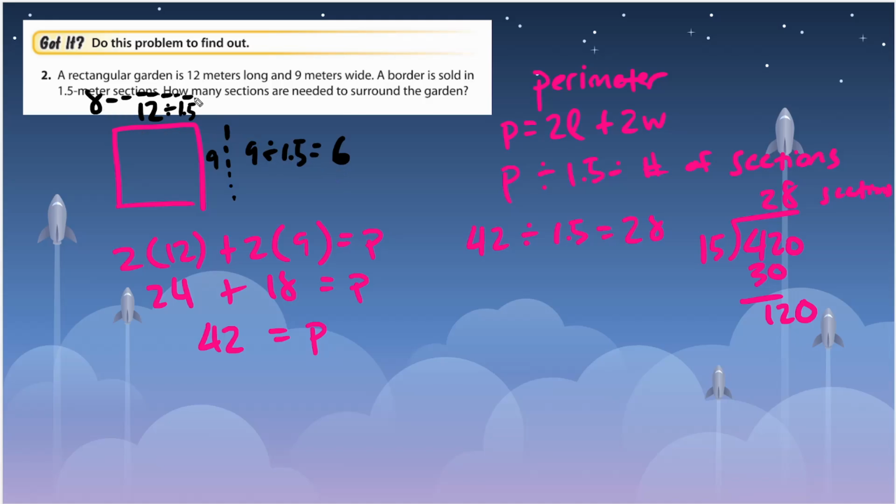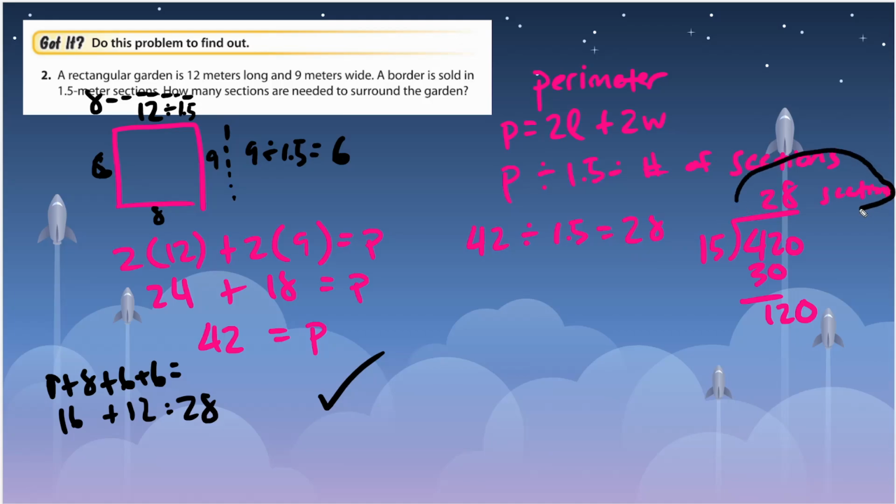So we know we need 8 for this side, which means we also need 8 for this side. We need 6 here and 6 here. So if we do 8 plus 8 plus 6 plus 6, that equals 16, plus 12, yep, it's 28. So our work checks out. We need 28 sections. Do I have that written somewhere? Yeah, right here. 28 sections.